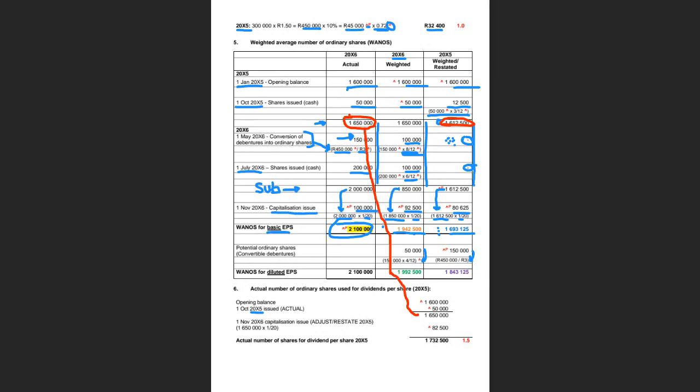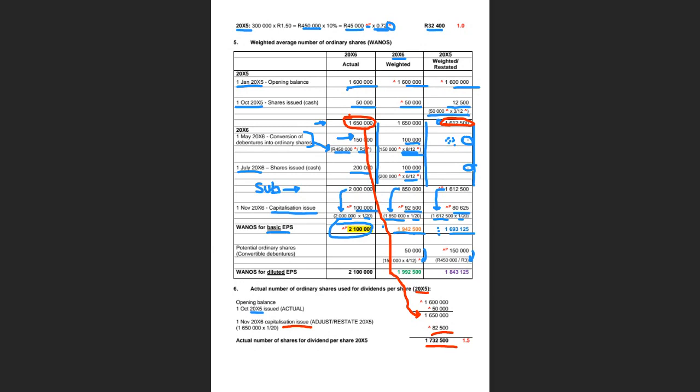That's where that amount is. Right? So they start off with the actual column for the prior year, and then all they do is they add in the capitalization issue. Okay. All they do is they add in the capitalization issue, and that's your number of shares for your dividends per share in the prior year, so in 2015.